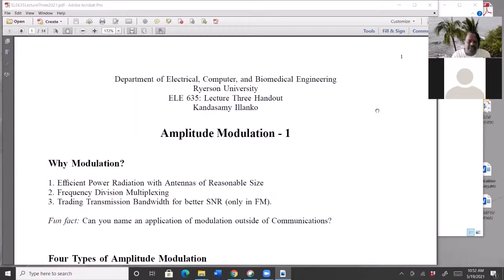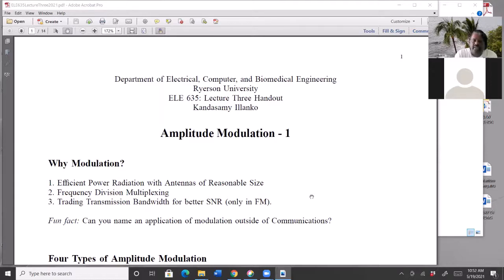Now there is another usefulness, but that is only in FM, so let's ignore 3 for the moment. And there is a fun application of modulation outside of communication. I already mentioned that is in electronic keyboards to get those very fun effects.